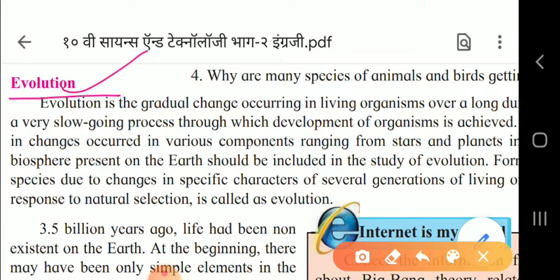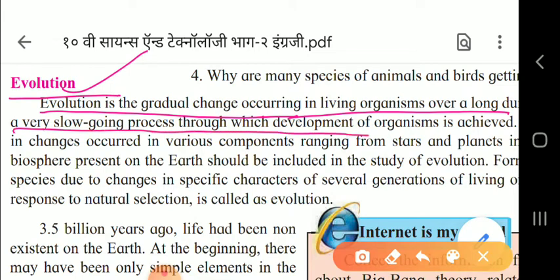Evolution is the gradual change occurring in living organisms over a long duration, and this is a very slow ongoing process through which the development of the organism is achieved.